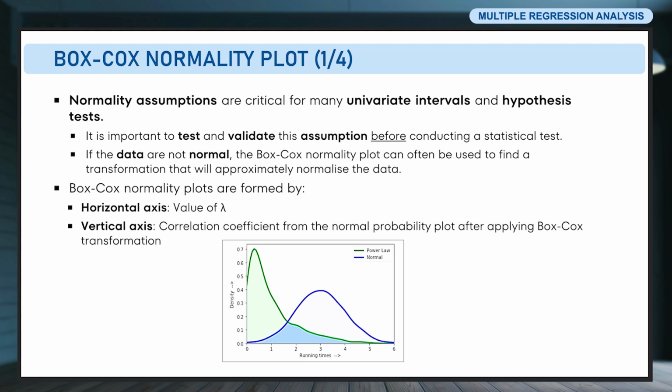If the data are not normal, the Box-Cox normality plot can often be used in order to find a transformation that will approximate normality in the data. Just like in the figure.